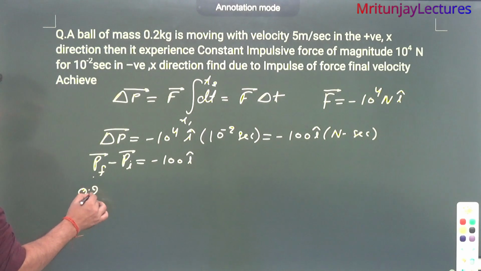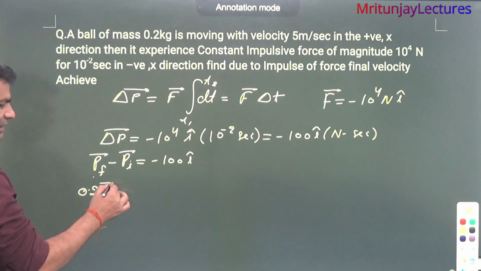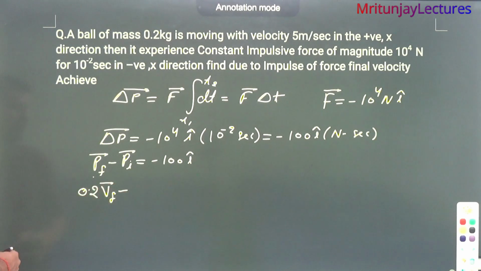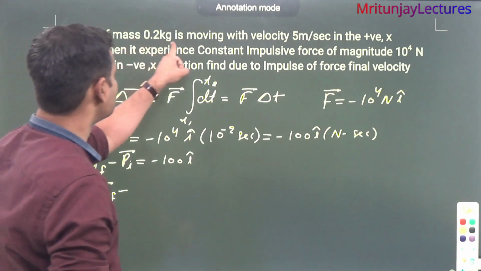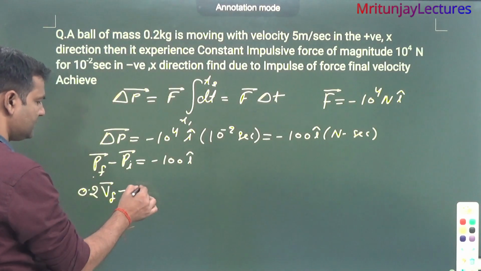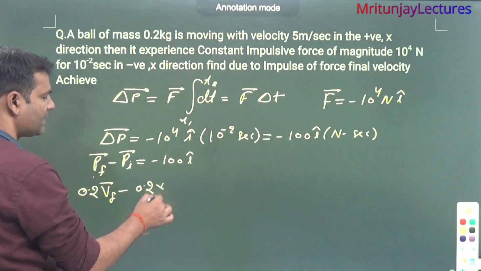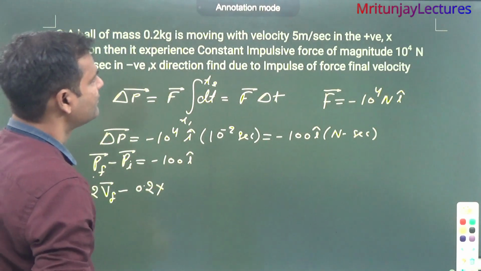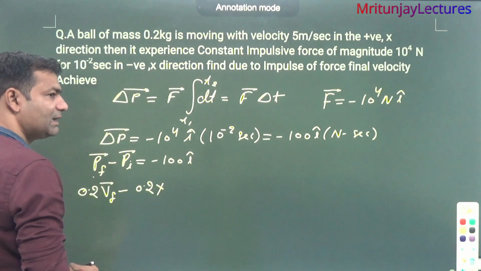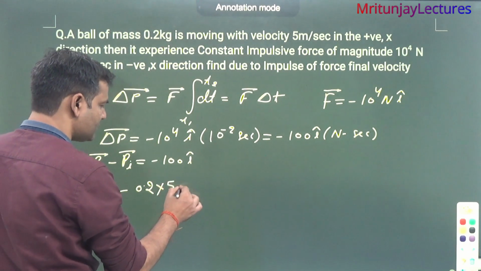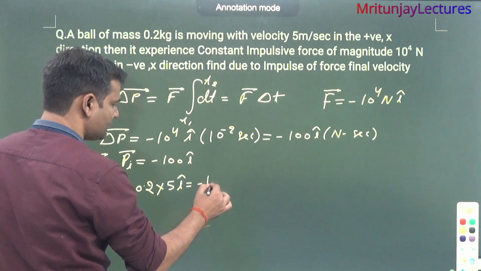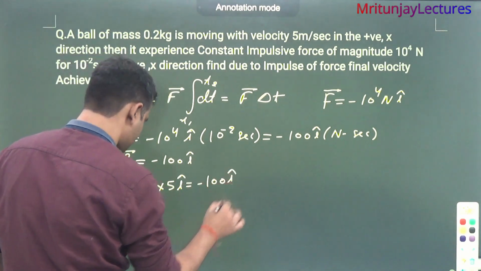So 0.2 into final velocity minus 1 i cap equals minus 100 i cap.